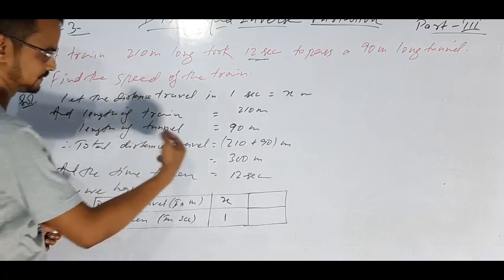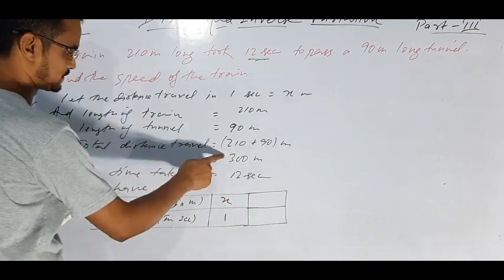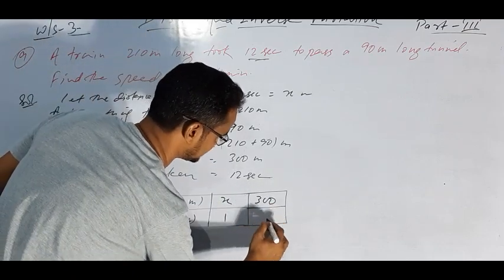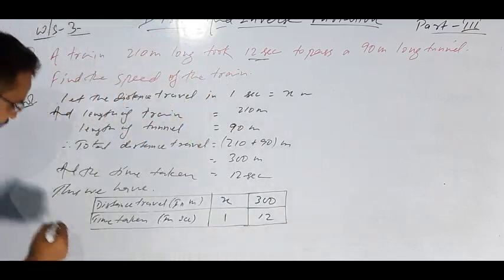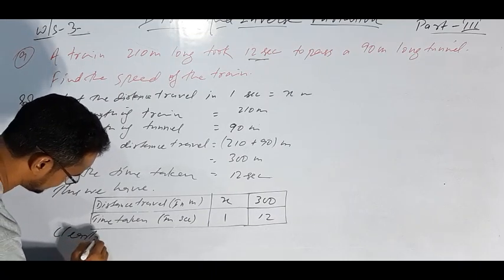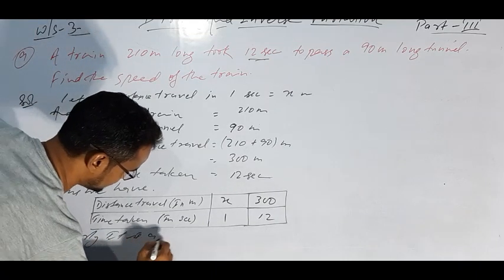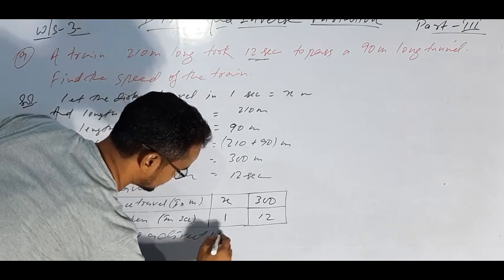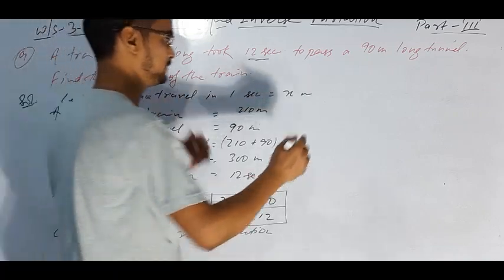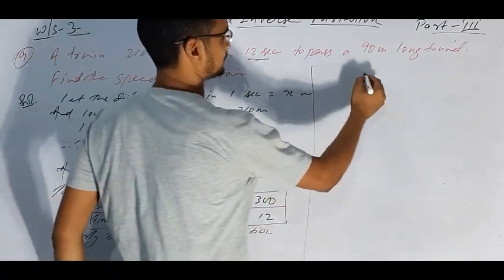Now the next value of this table is 300 by 12. It is a direct variation. Clearly, it is a direct variation. So we will find the value by this method.